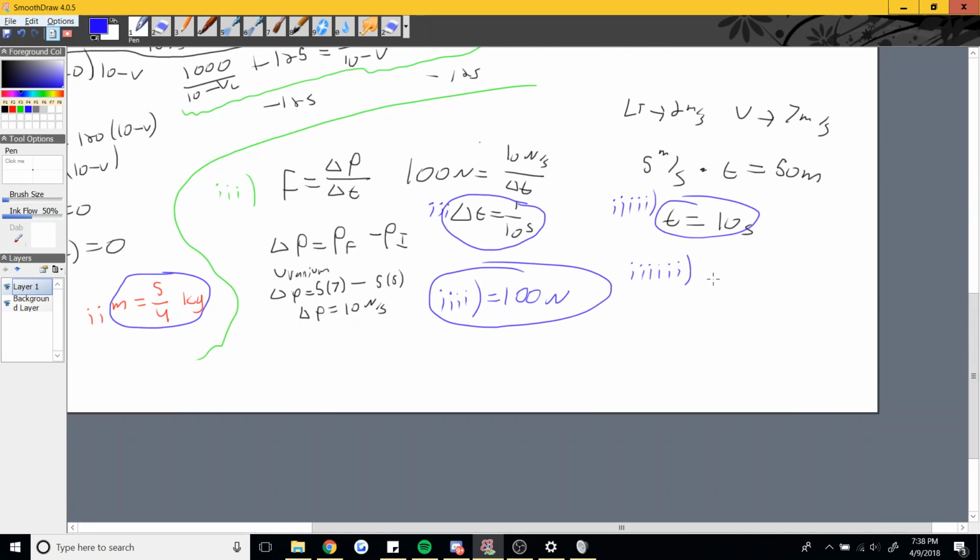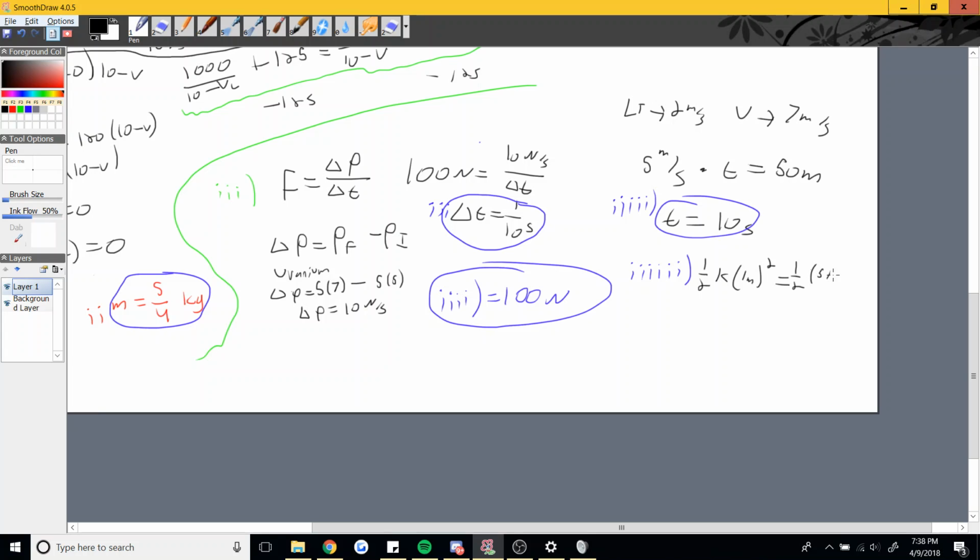Let's check it out. So we know the spring equation, right? We're going to go 1/2 K constant with a compression of 1 meter squared is equal to the kinetic energy. You know, this is spring energy. We're going to set it equal to the kinetic energy of the uranium ball.